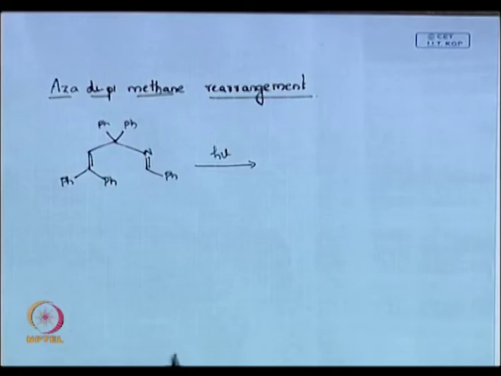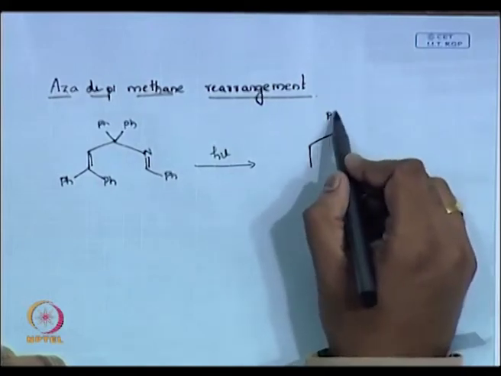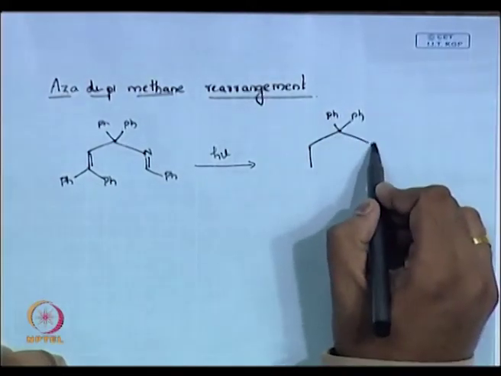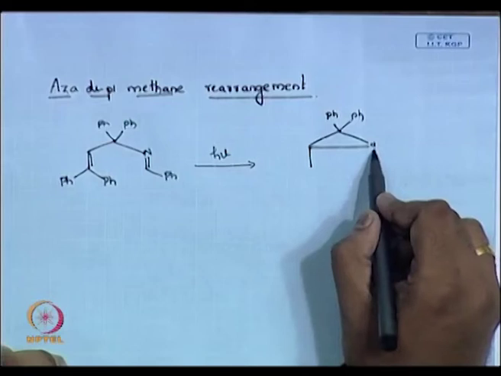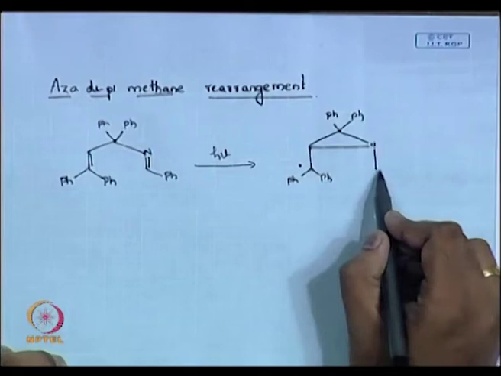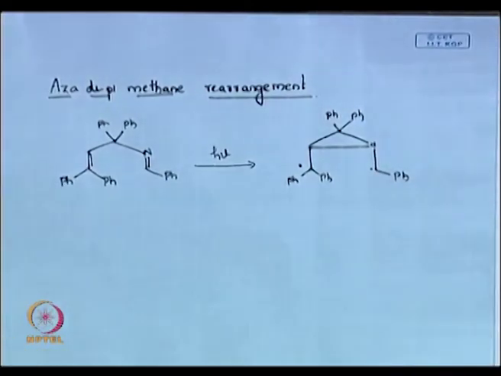Now you photolyze this. So you can get your 1,4-diradical like in the previous case. Now, what happens?